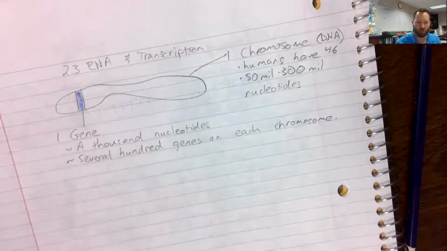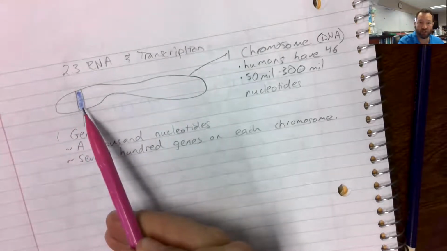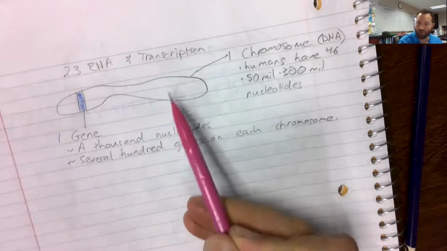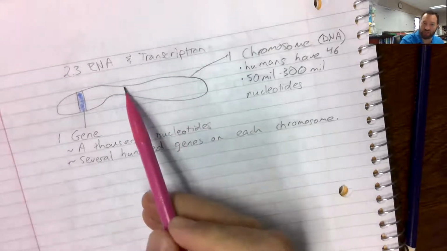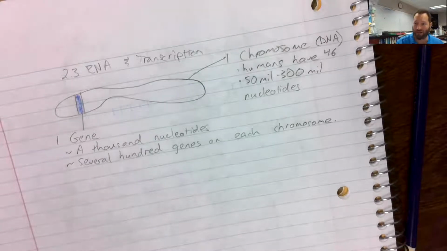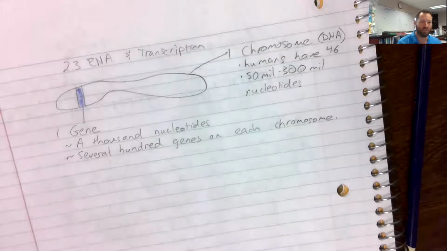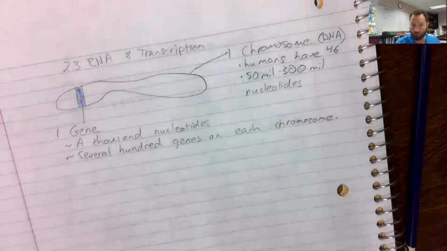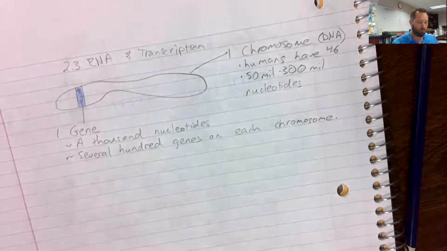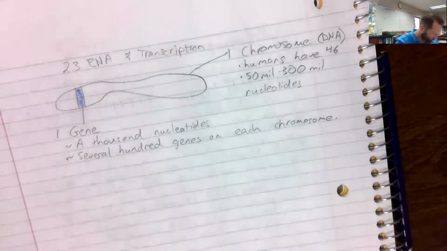There's going to be several hundred, up to I think 800 genes on some of your chromosomes. So the gene for eye color and the gene for height might be a little bit further down, and a different gene down here. Depending on what that cell is trying to transcribe, trying to turn into protein, it's going to read that particular gene and turn it into mRNA first. And that's what we're getting to today. We'll worry about the protein translation a little bit later.